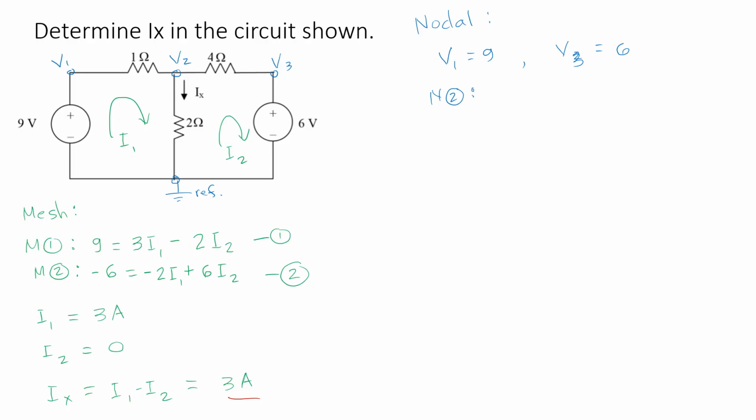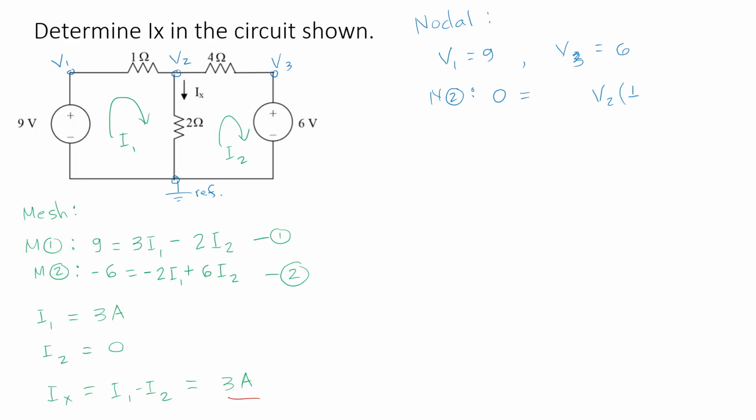First, there is no current source at node 2, therefore summation of current sources is 0, equal to, we are at node 2, so V2 is positive in my equation, multiplied by the sum of conductances at node 2.